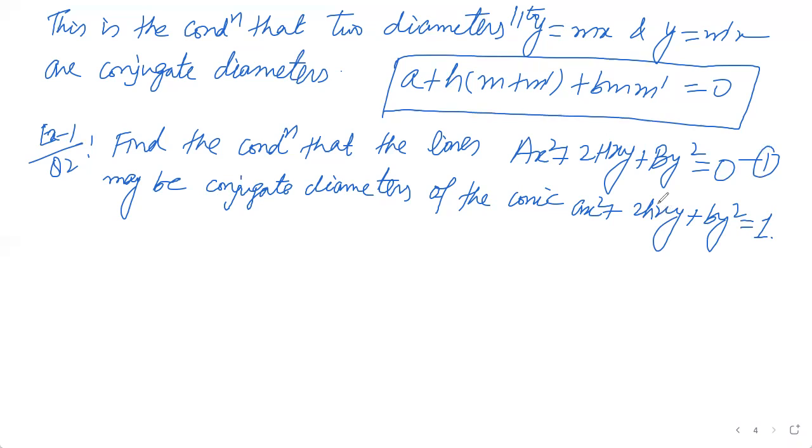So you have to find a condition that these lines may be conjugate diameters of this conic.